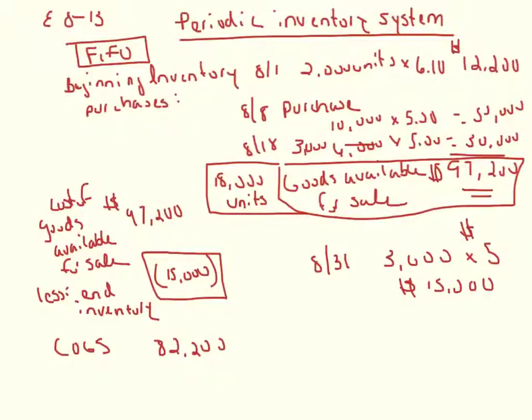Because here's what we had to sell, here's how much is left, so we're able to back right into the cost of goods sold. So we're not concerned about those sales that happened on August 14th and August 25th. So to answer the question, your cost of goods sold is 82,200 and your inventory is 15,000.